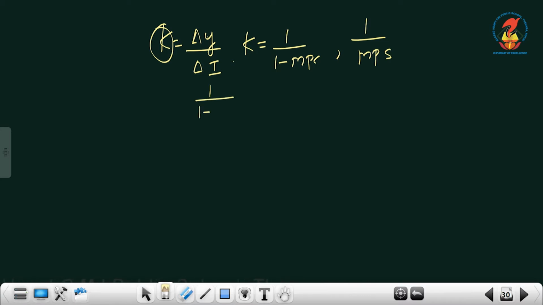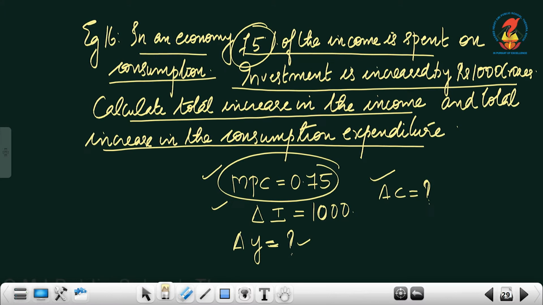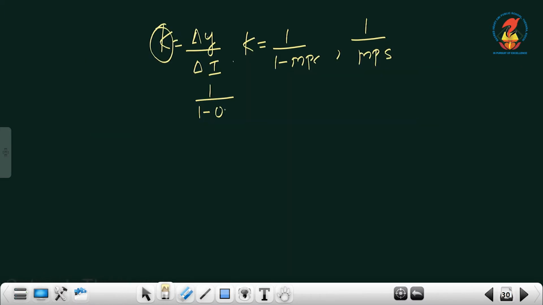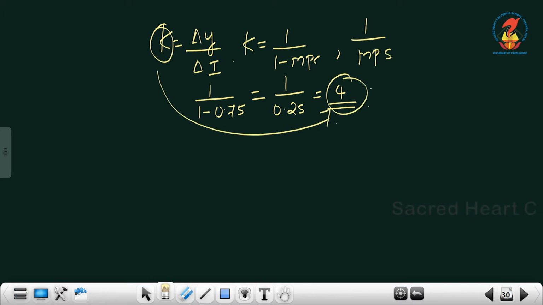Therefore, 1 by 1 minus, what is the value of MPC? 0.75. 1 by 1 minus 0.75 will give you 1 by 0.25, that is equal to 4. Now, you got the value of K. K is equal to 4.